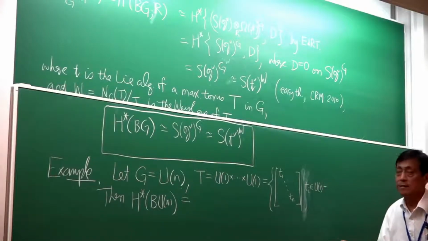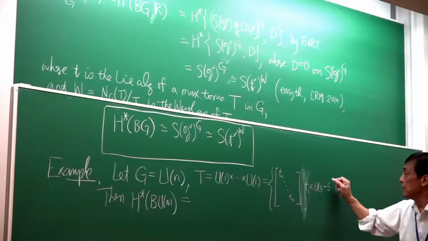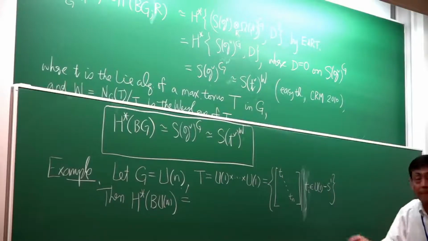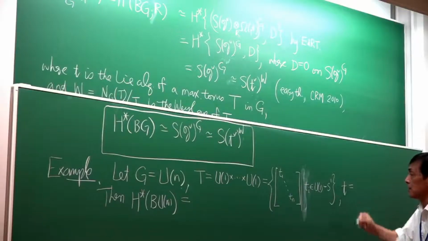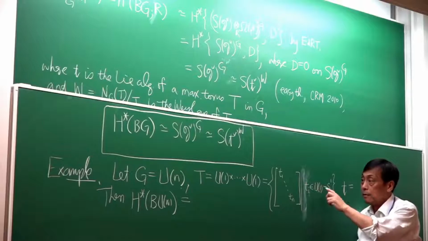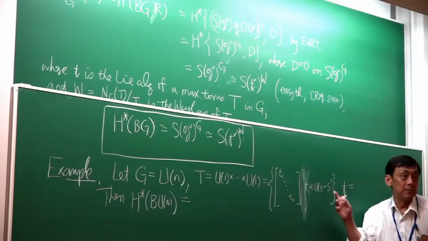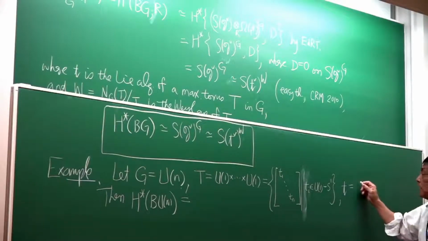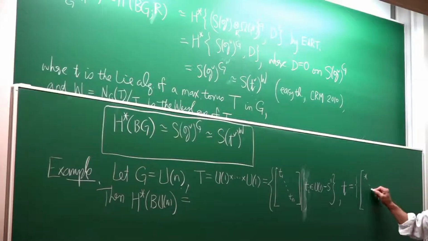So U(1), that's the complex numbers of length 1, so it's a circle. And so the Lie algebra would be the Lie algebra of the circle, but n times. The Lie algebra of the circle is one-dimensional, so it's just a pure imaginary number.